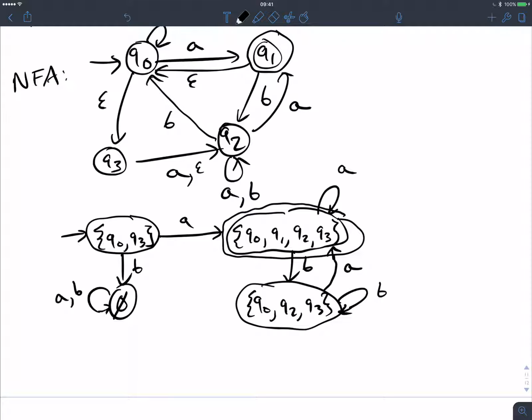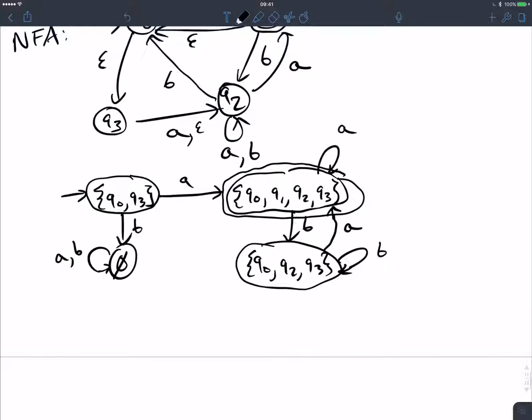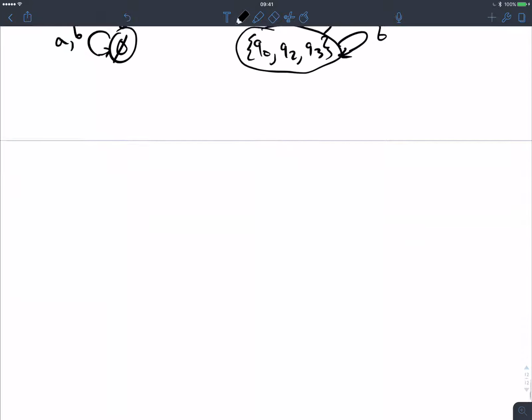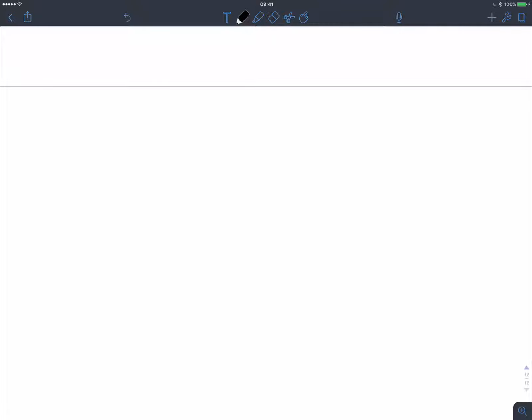So everywhere you can reach on epsilon. Other questions about this? She asked what if we included that, but that's how it was originally defined. Other questions? Okay, pumping lemma question.